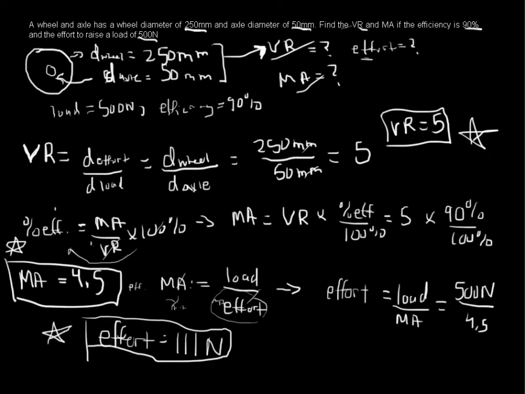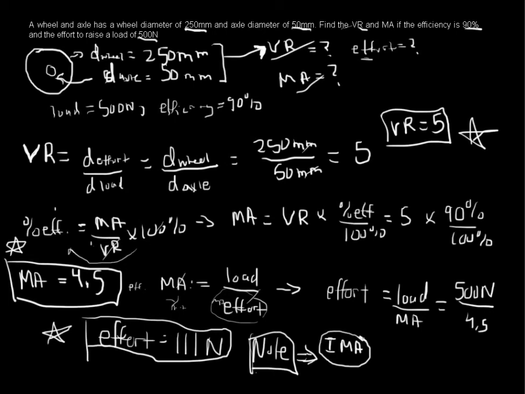Another key thing: if this question asks you to find the ideal mechanical advantage. I didn't talk about this last video, but ideal mechanical advantage assumes an idealistic situation. The most idealistic situation would be 100% efficiency, which we know is not the case.